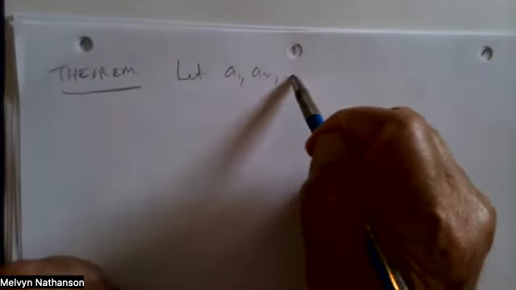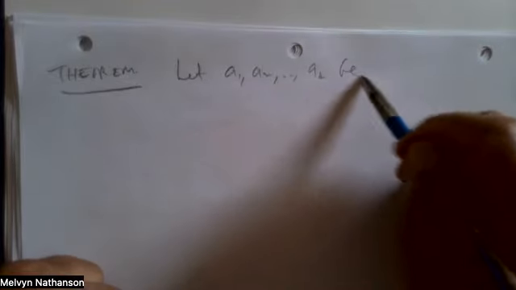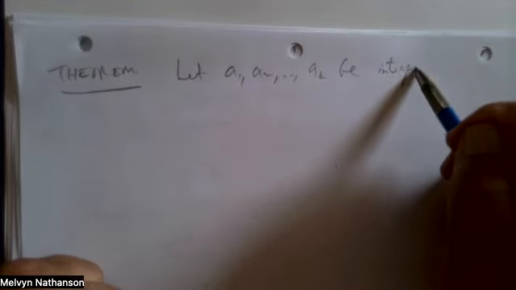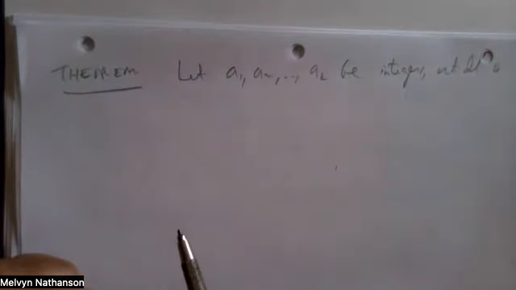Let A1, A2 up to A sub k be integers, not all zero.